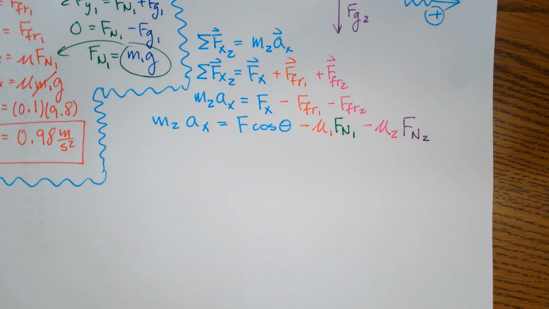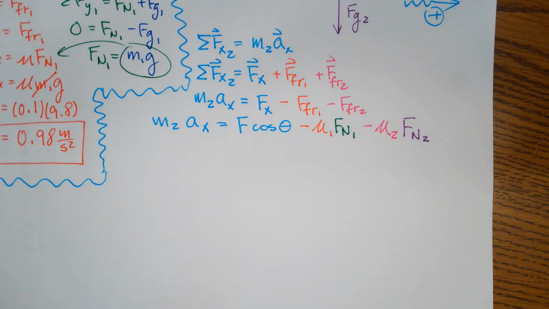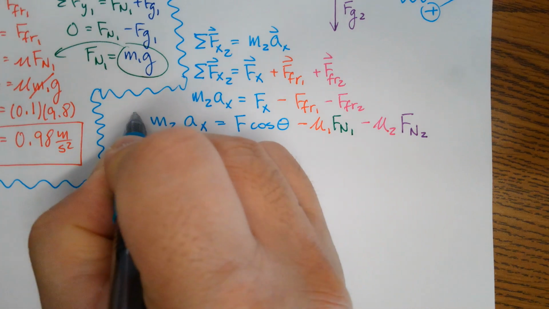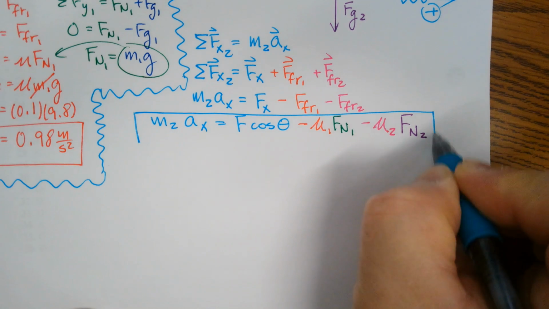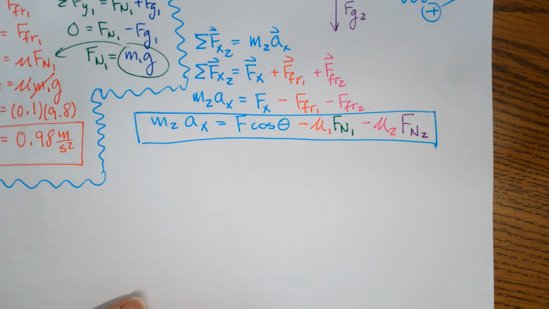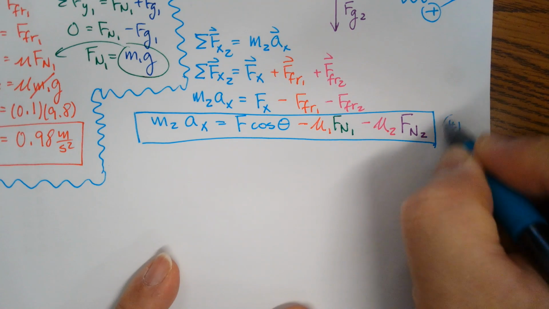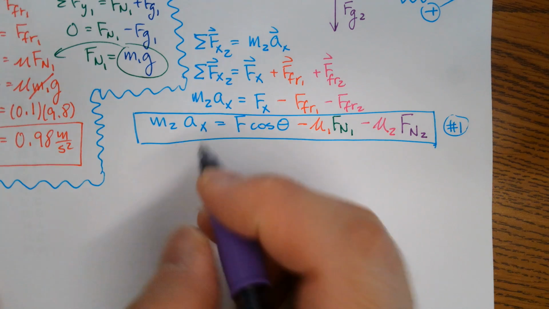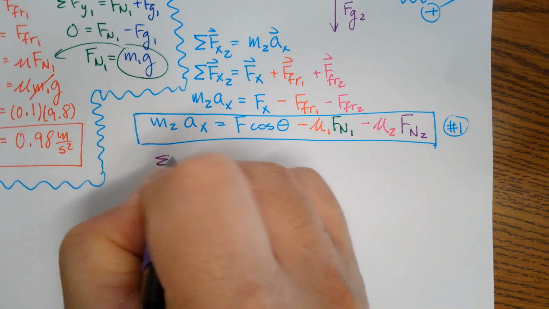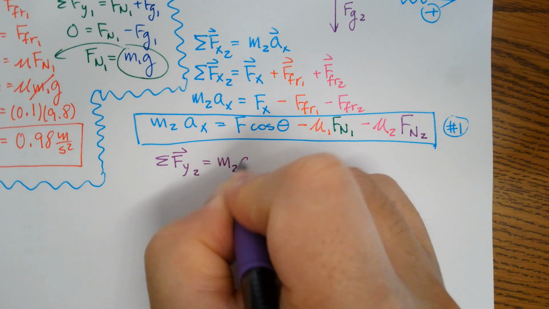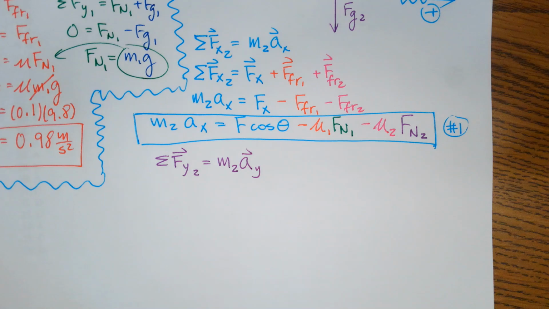So what can we do? Well, let's take a look at the y direction, okay? I'm going to box this one off as my equation 1, first equation for my mass 2. Then, if we take a look at the y direction, the sum of all forces in the y direction for mass 2 is equal to m2 ay, right?